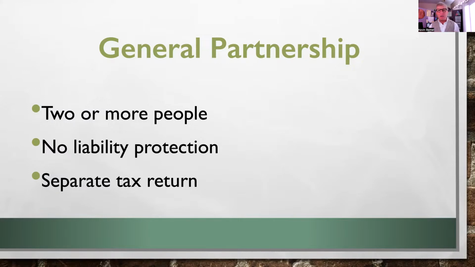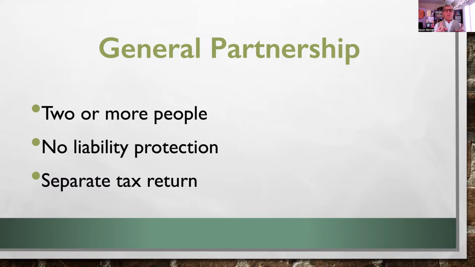It will issue something called a Schedule K-1. And that Schedule K-1 will document the amount of taxable income that each of the partners received from the partnership in that particular tax year. Okay.